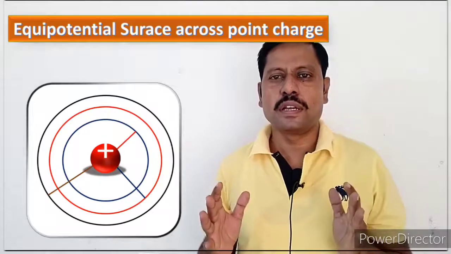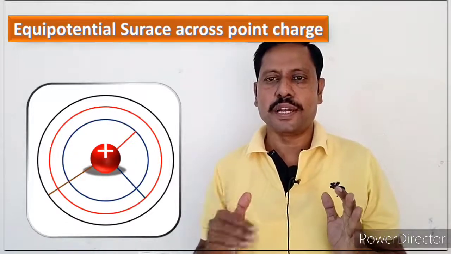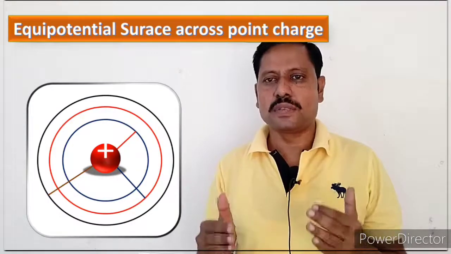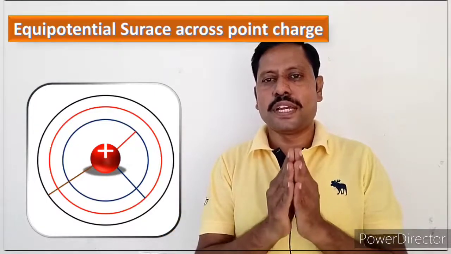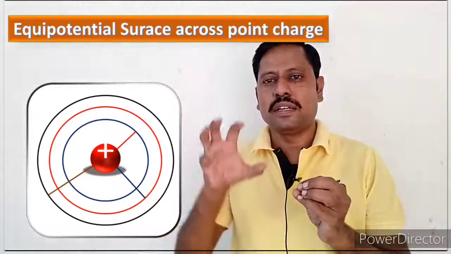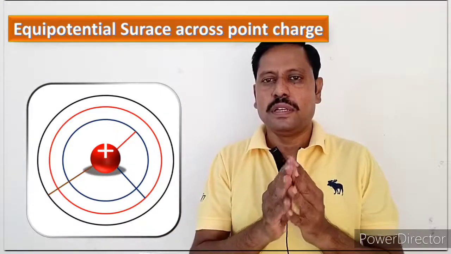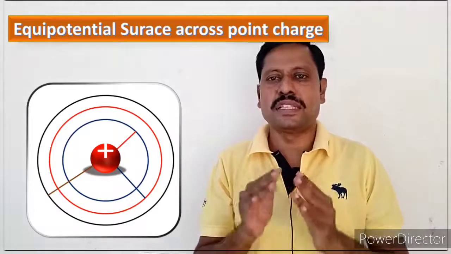What we are observing here, across a single point charge, if we try to find the equipotential surfaces, for convenience we have just shown circles here, but we know that the potential is distributed like a sphere across that charge. So the equipotential surface will have spherical symmetry.